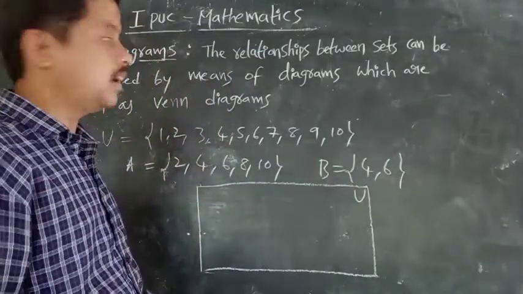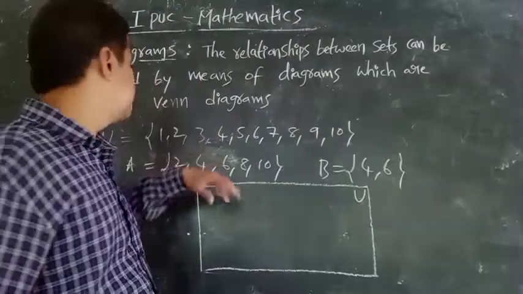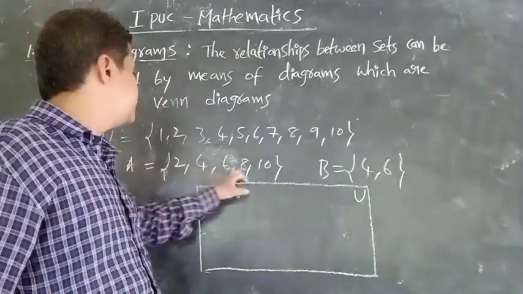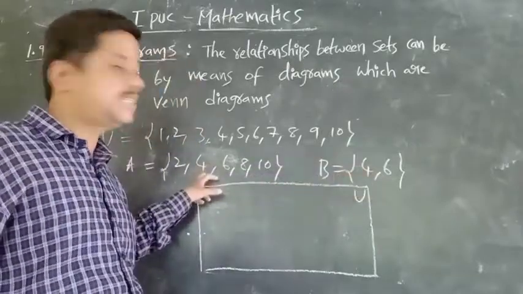It consists of 1 to 10. Set A is 2, 4, 6, 8, 10, and set B is 4, 6. See, 4 and 6 are also contained in A.